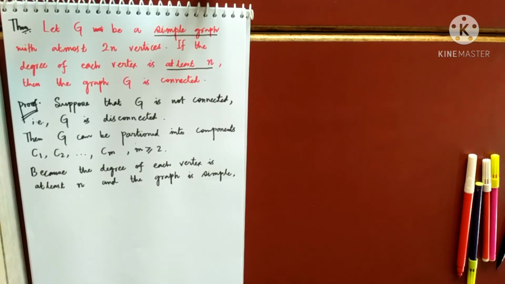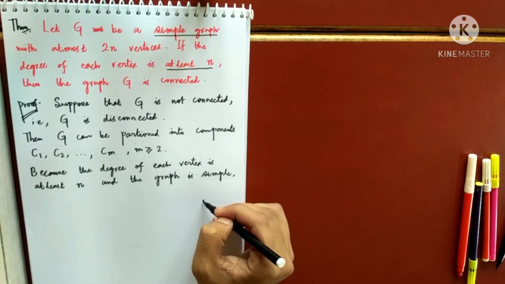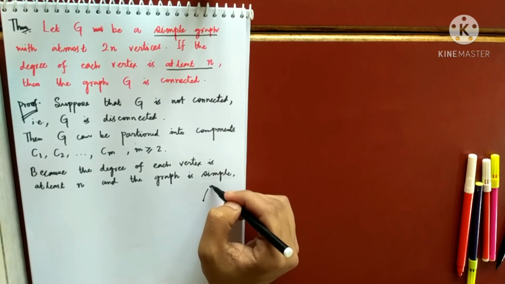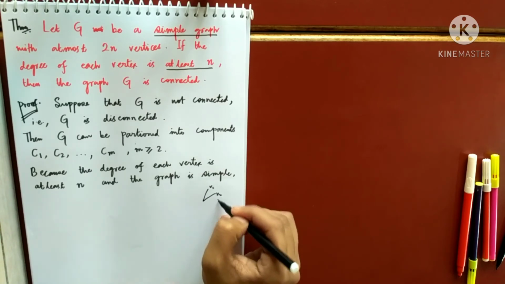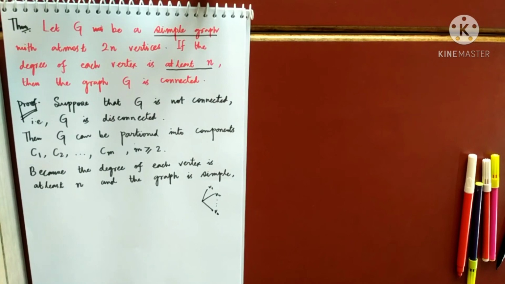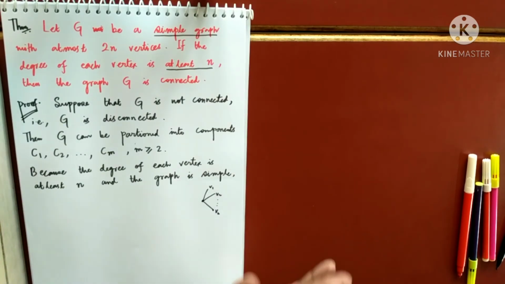Then only it is true, right? Because my graph is simple and the degree of each vertex is at least n, there will be at least n vertices with which this vertex v will be adjacent. So I'll just write that fact.